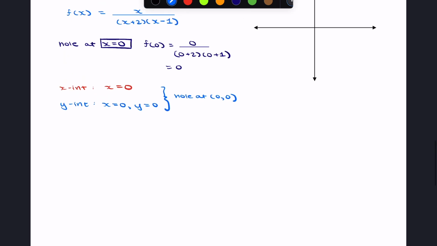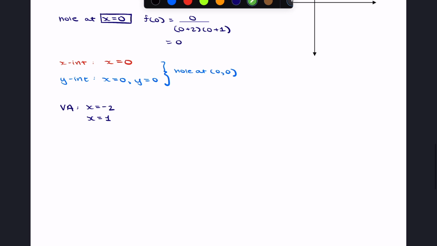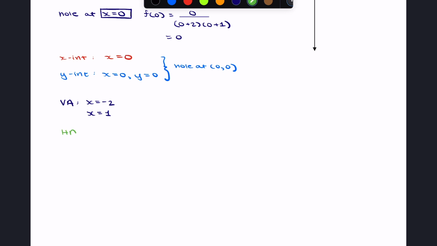We have two vertical asymptotes. So we have a vertical asymptote at x is equal to -2 and x is equal to 1. And we have a horizontal asymptote at y is equal to 0.